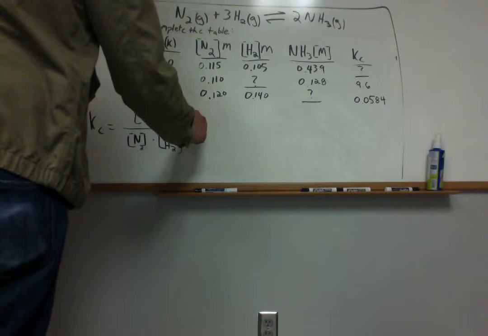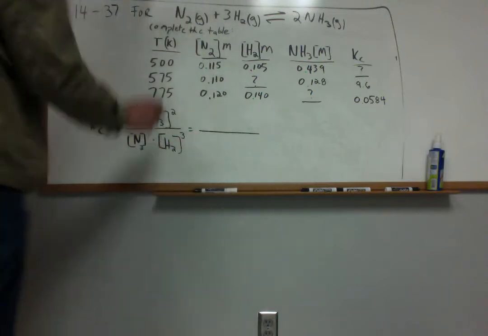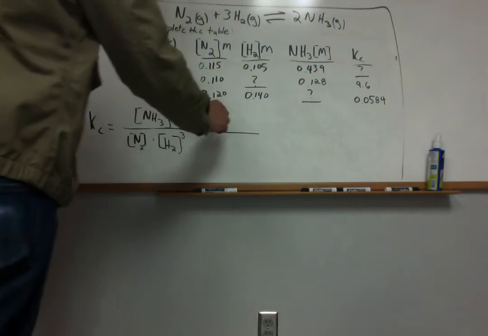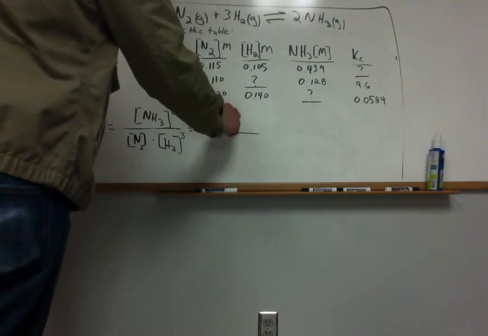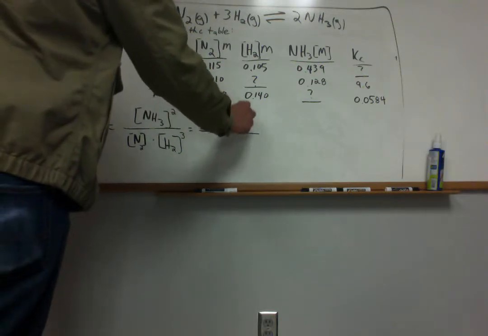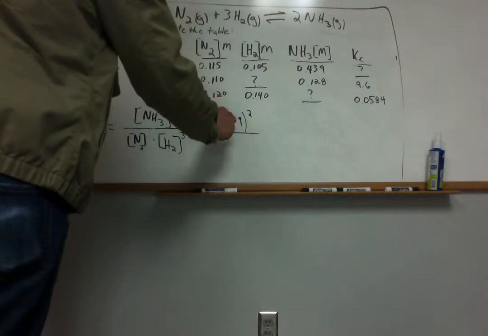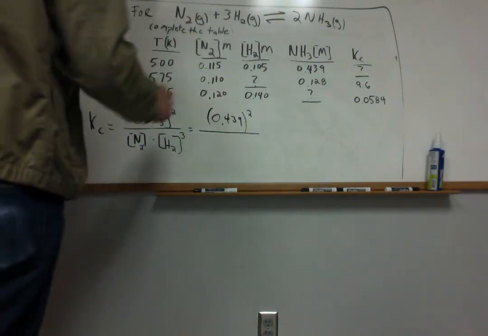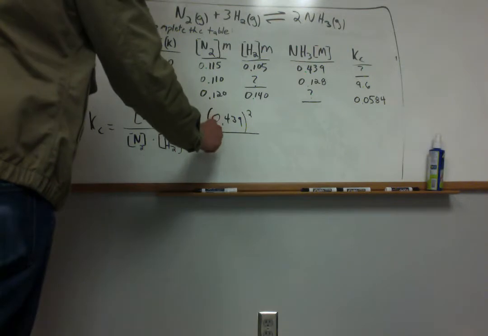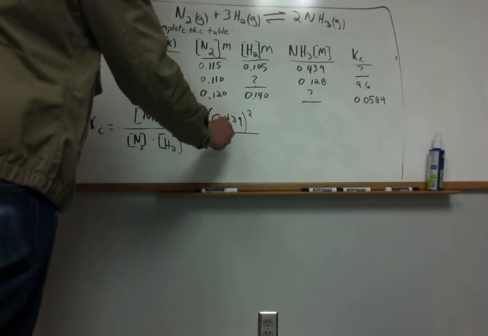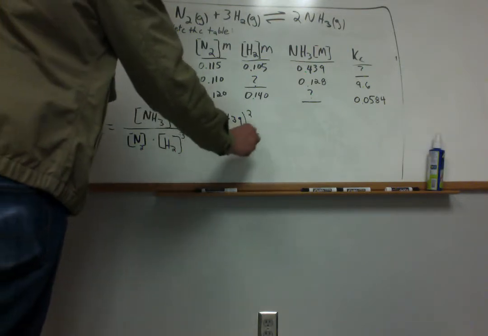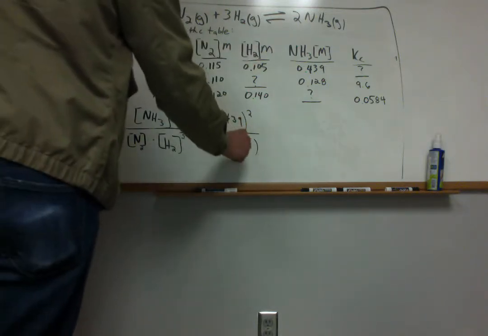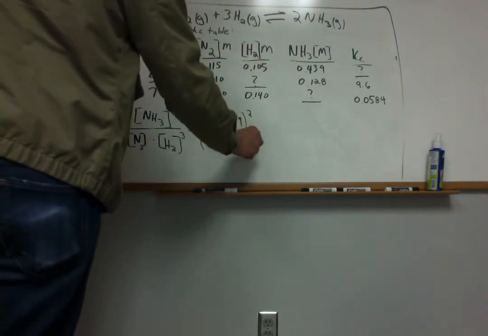So these are the numbers that we need to plug in, okay? Now, fortunately, in the problem, we're given equilibrium concentrations of all these. So it's straightforward to plug in 0.439 here, square that. Again, these have to be my equilibrium concentrations. That's the key word. I can plug in my 0.115 moles per liter here. And I can plug in my hydrogen concentration, 0.105.